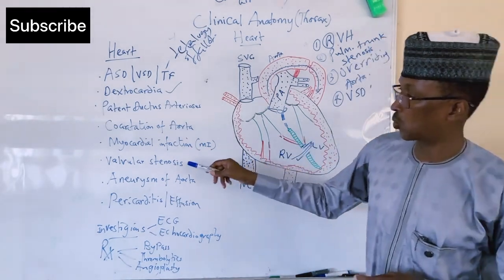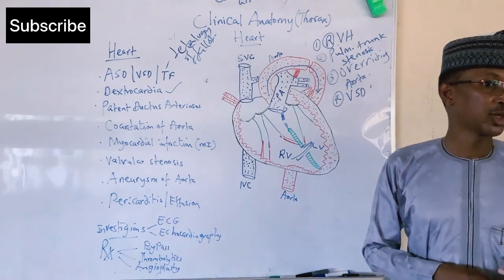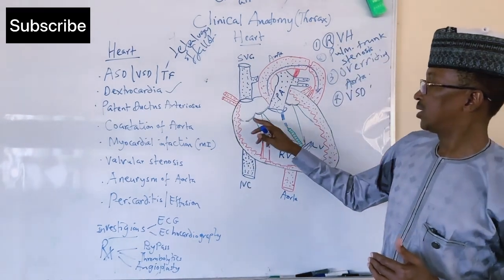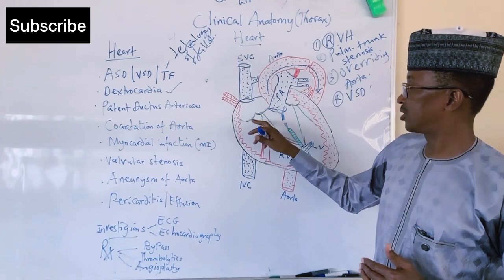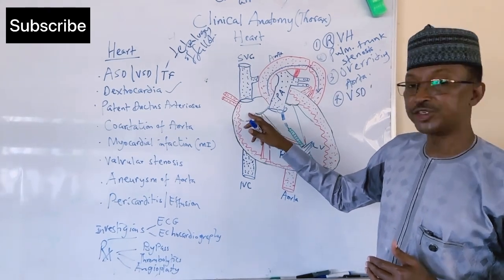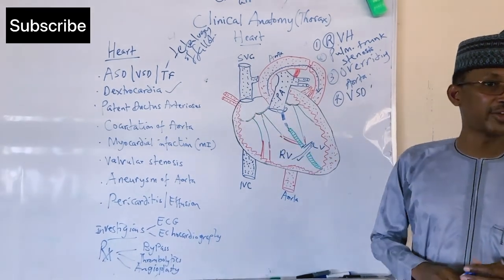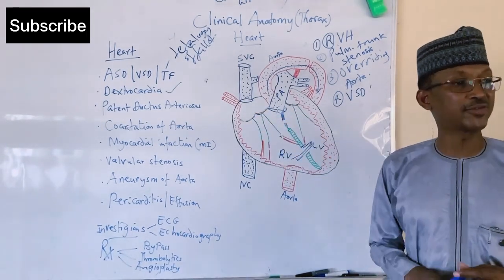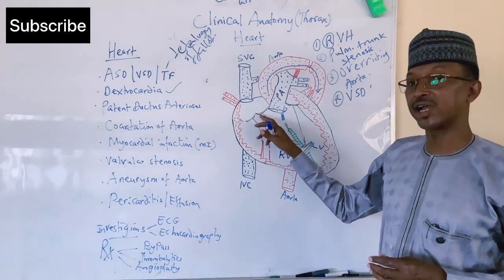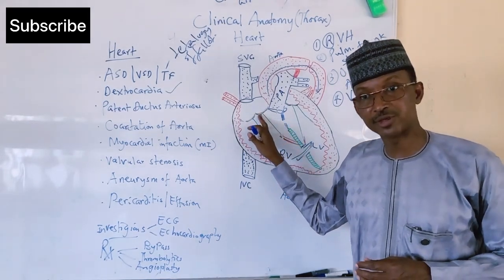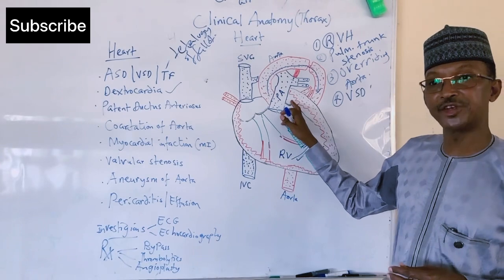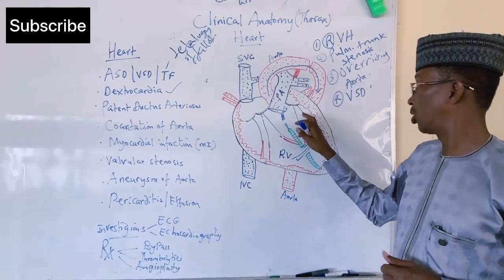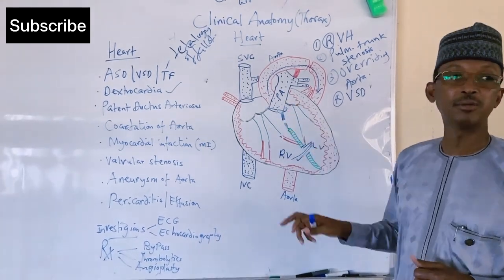We also have what we call valvular stenosis. You know that we have valves between the atrium and the ventricles. That means between the right atrium and the right ventricle, we have the tricuspid valve. Between the left atrium and the left ventricle, we have the bicuspid valve.